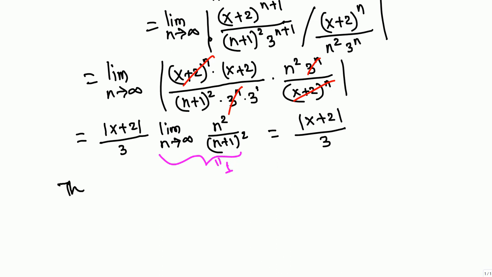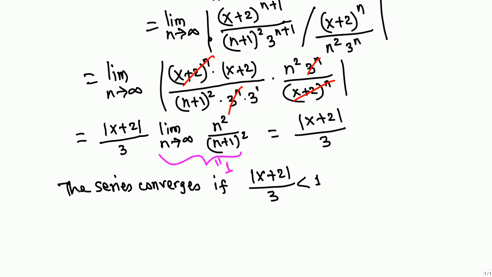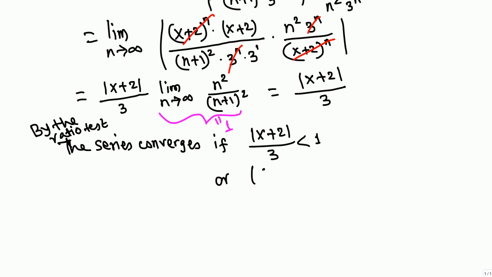Multiplying both sides by 3, we get absolute value of x minus negative 2 is less than 3.